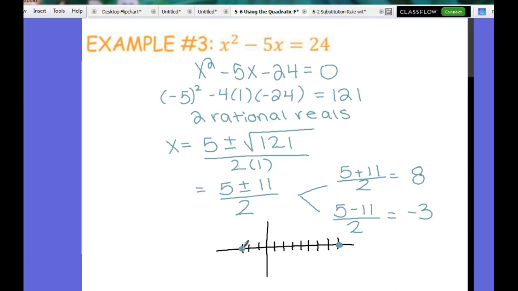Go back to graphing. The a value is positive, so it opens up like a smile. The middle of those two numbers will be your AOS. So that's like right here. So there's your quadratic. What we are doing is finding those roots or those points that hit the x-axis.